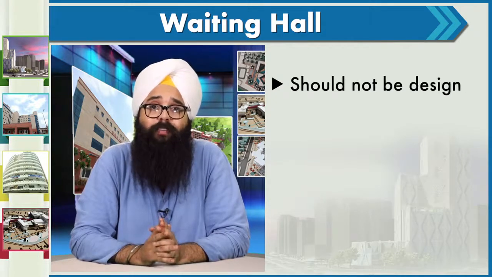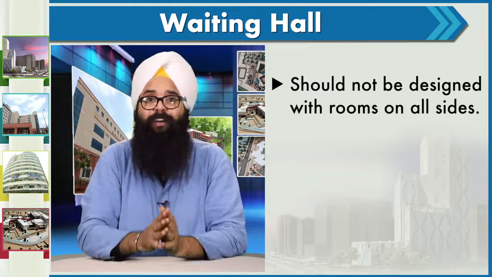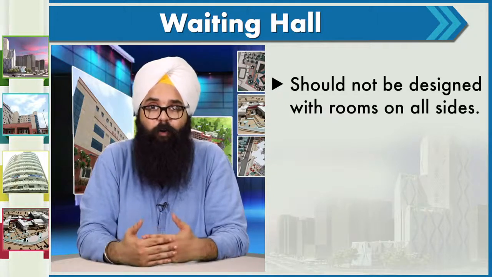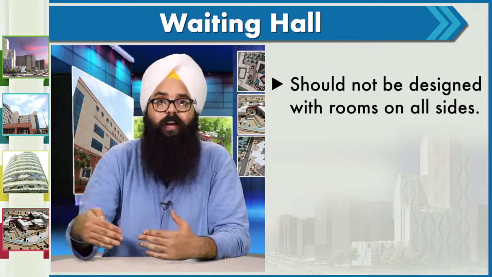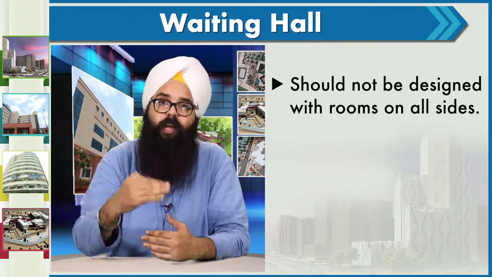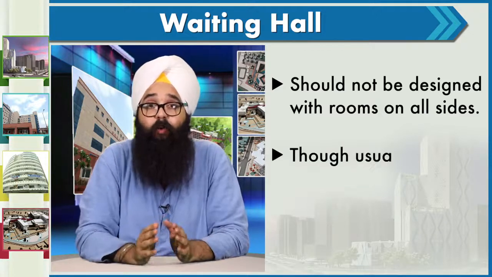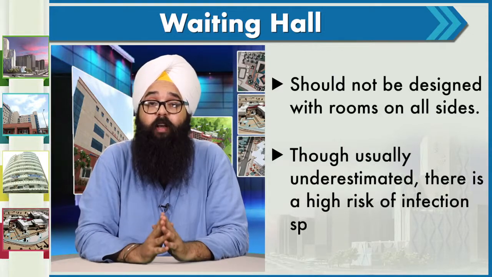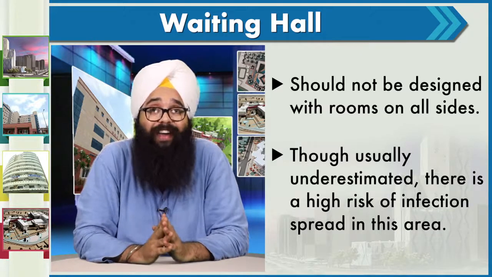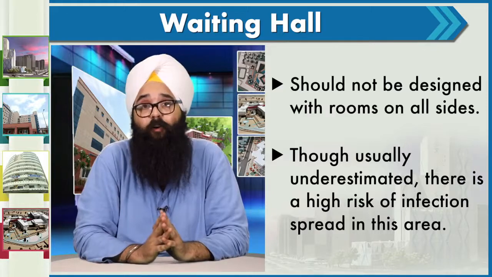It should not be designed with rooms on all four sides, and it should not be like a courtyard design. It should have rooms on one side only, with the other three sides open and 100% naturally ventilated. Though underestimated, waiting halls are one of the high-risk areas in a hospital.